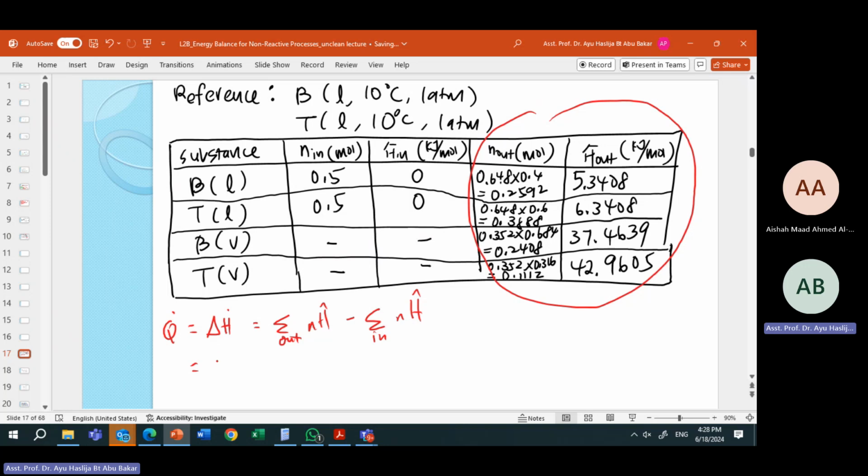Okay, you do it one by one for benzene, toluene, both for vapor and liquid phase. Okay, add up all together. Then your final answer, you should be getting 17.6481. Okay, if it differs by a few decimal points, doesn't matter, as long as the mean is 17.